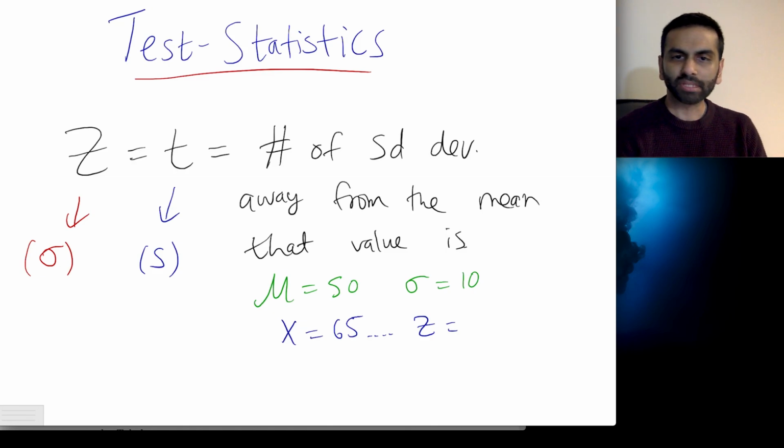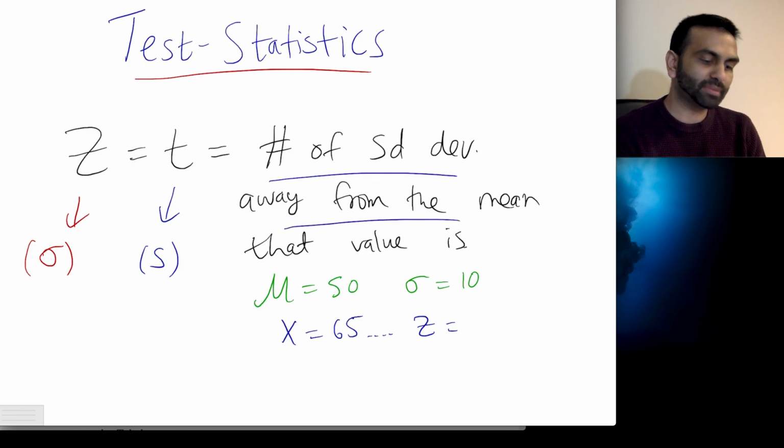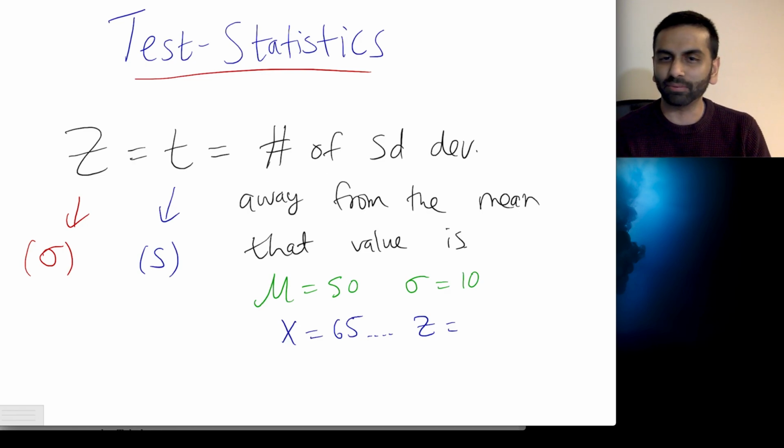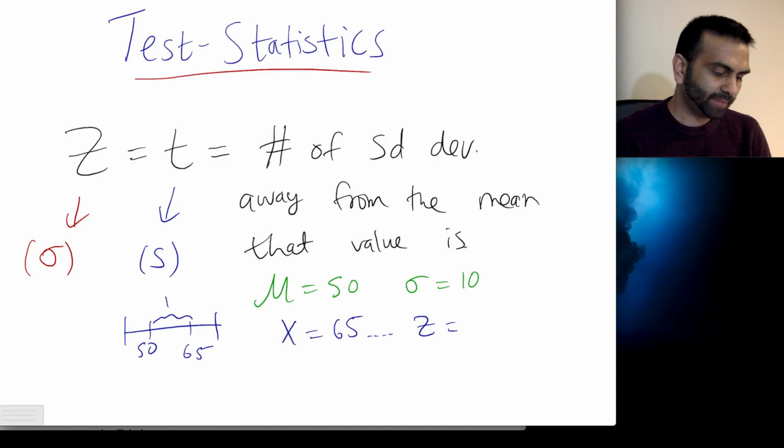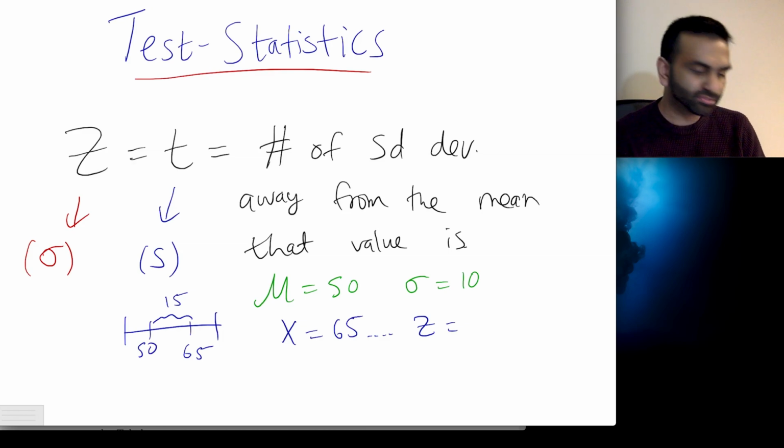Well, it's basically asking how many standard deviations away from the mean. First of all, how far away from the mean are you? From 50 to 65, you're 15 units away from the mean. But each standard deviation is 10, so how many of those 10s fit in there?